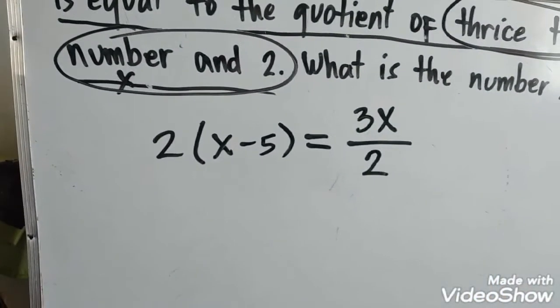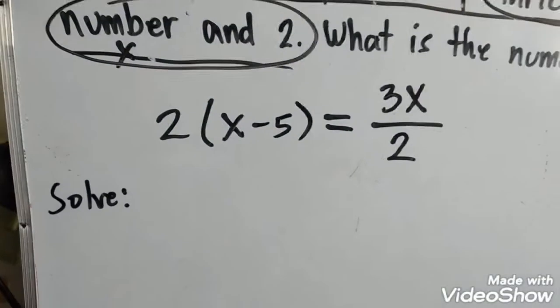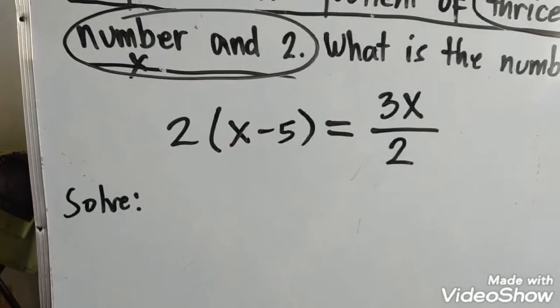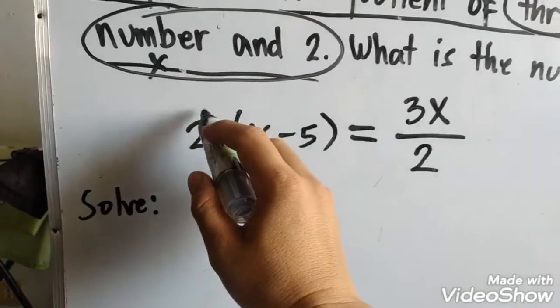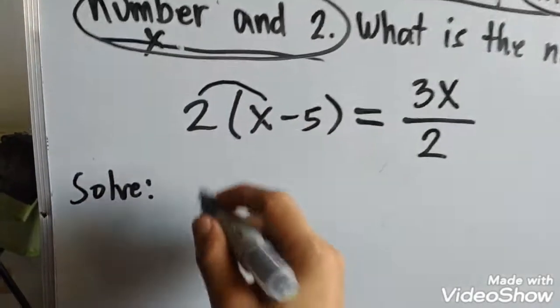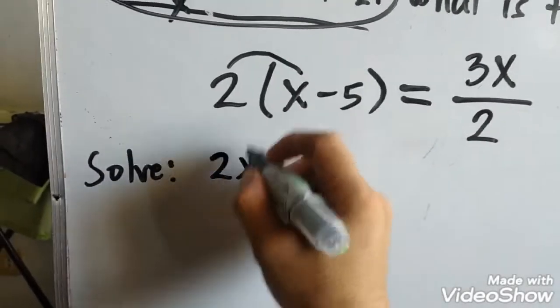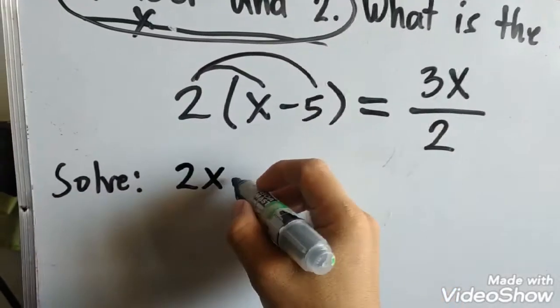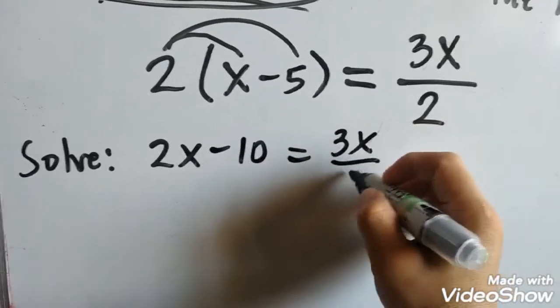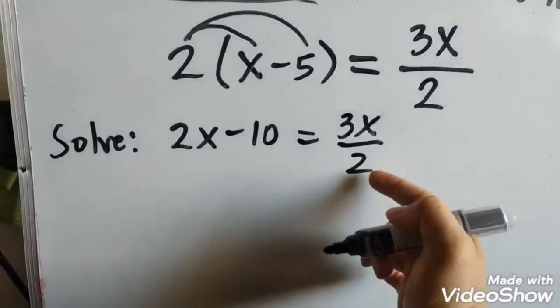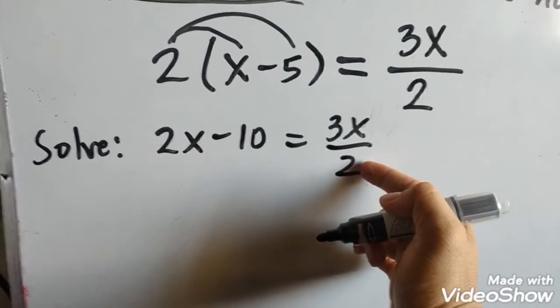Now we are ready for the solution. First, since we have parentheses and a number outside the parentheses, we apply the distributive property. So 2 times x is 2x, and 2 times negative 5 is negative 10, equal to 3x over 2. Now, we observe that we have a denominator 2.